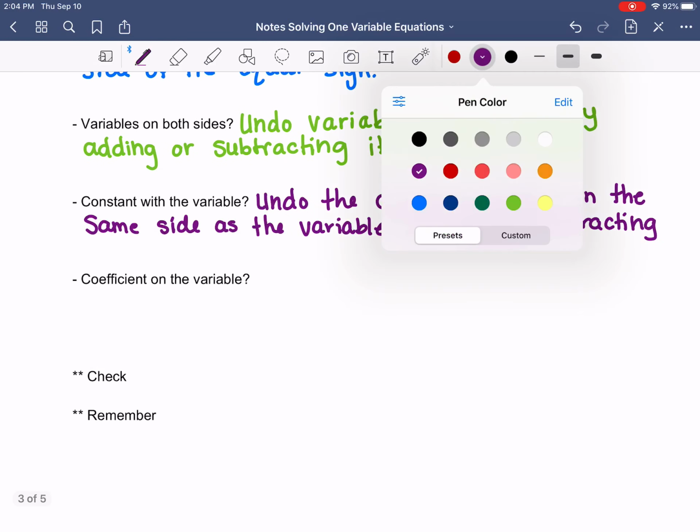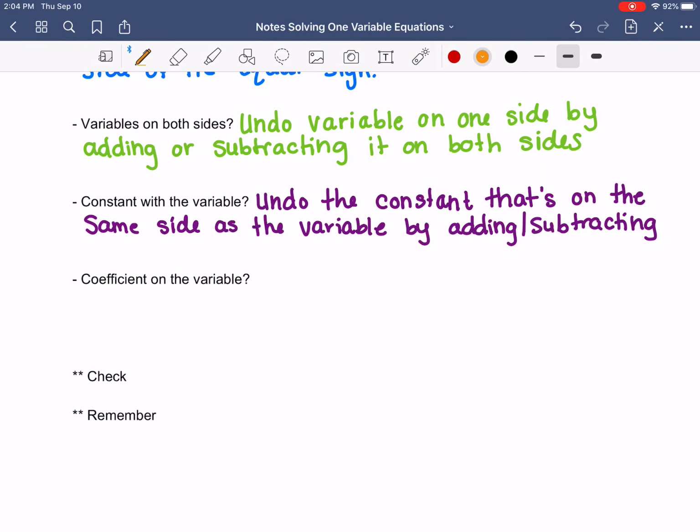All right, then we look at, is there a coefficient on our variable? If there's a coefficient on your variable, then you're at your last step. You just have to undo it by multiplying or dividing.